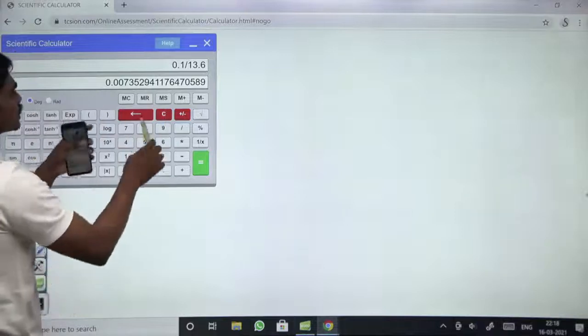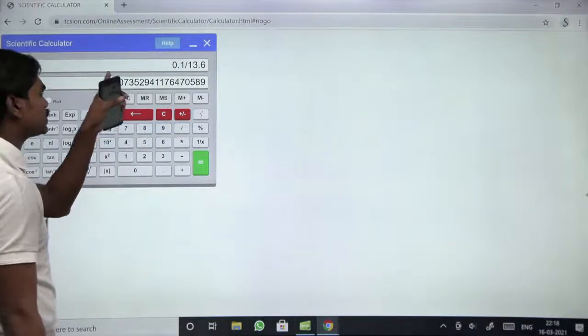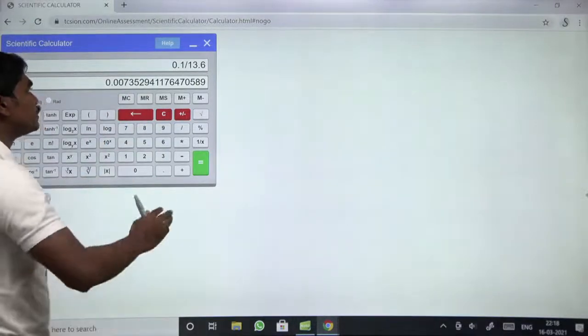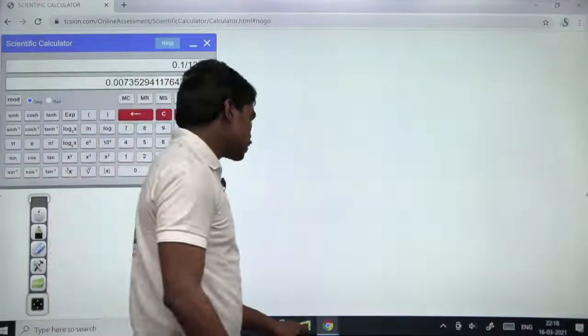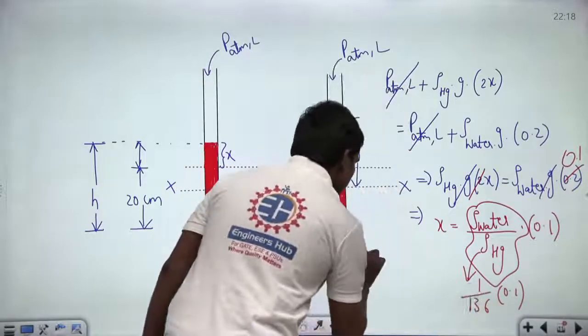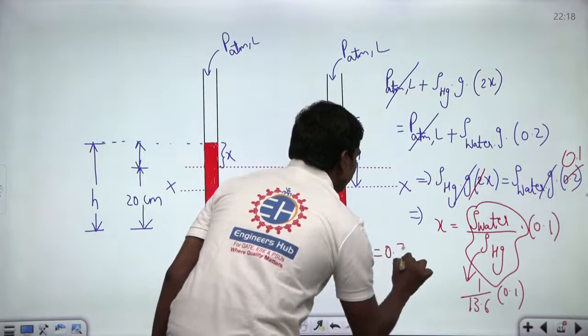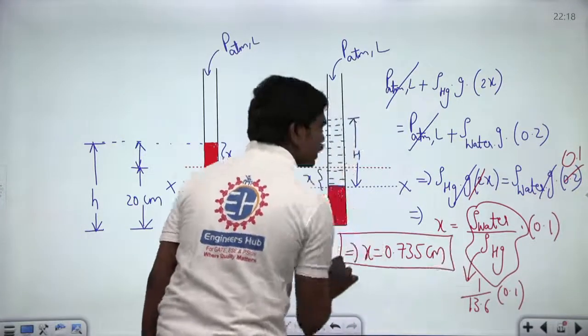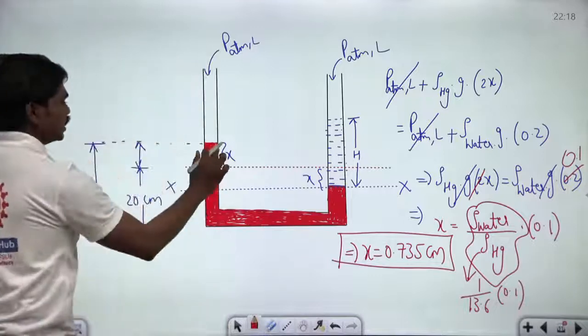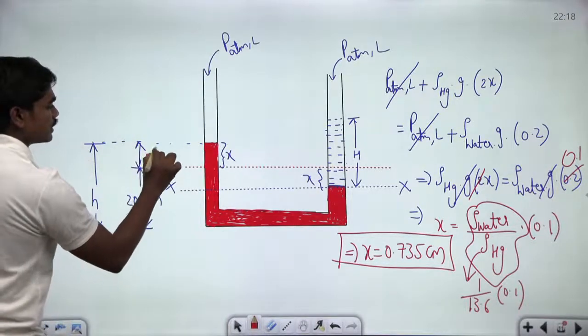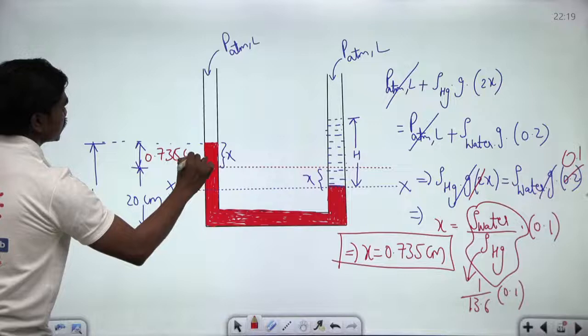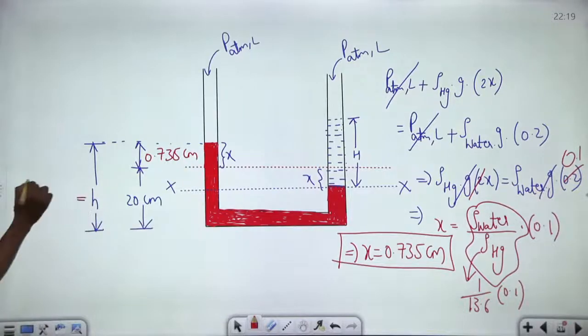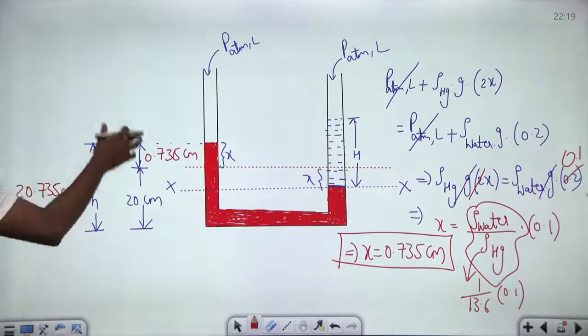In meters, this is around 7.35 mm basically, which means 0.75 centimeters, correct? This is the actual value. Fine, 0.75 centimeters is the x. So if this x is 0.75 centimeters, then what is the total height h? This height h is equal to 20.75 centimeters, the total height of mercury in the left limb.